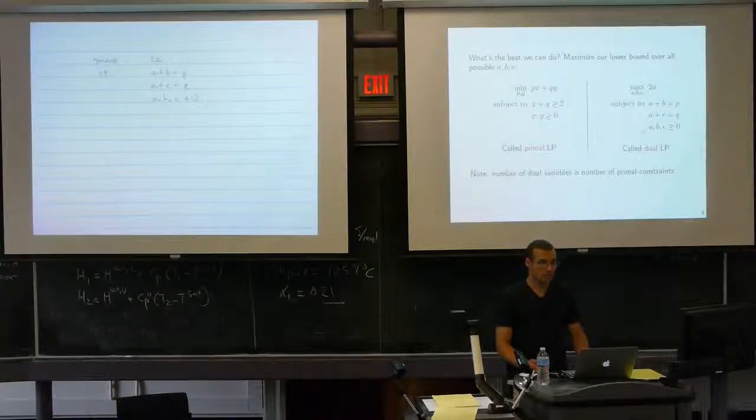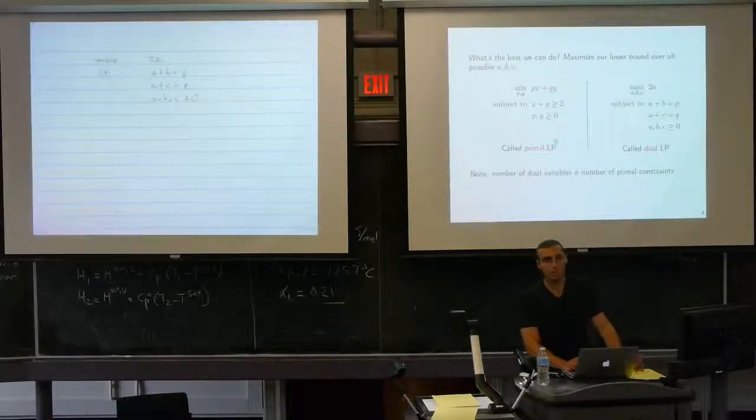That's an interesting relationship between linear programs: any feasible a, b, and c give us a lower bound. But if we maximize over all a, b, and c the quantity 2a, we get the best lower bound. So this is called the primal LP. It's the original LP. And we call this, as you guys were guessing, the dual LP.